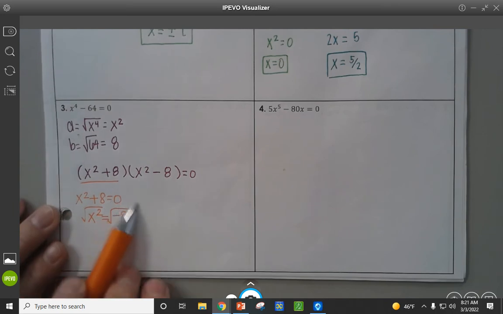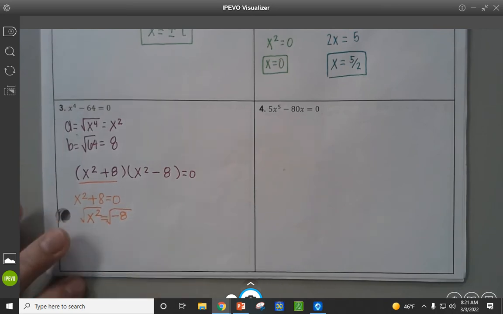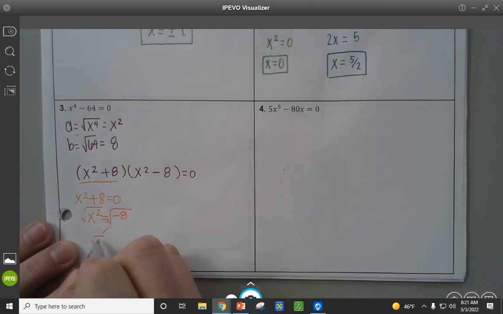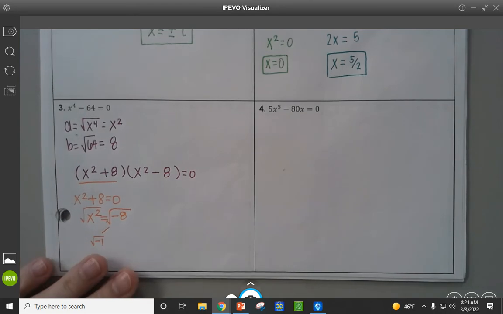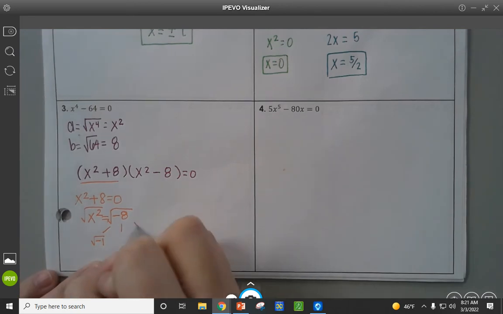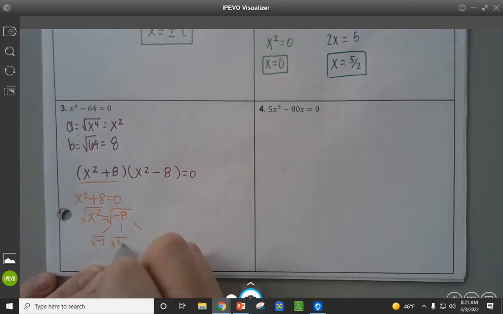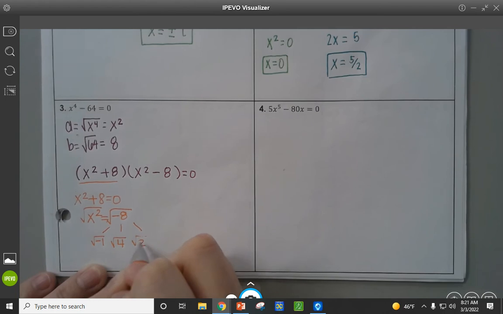What else is going on with this square root? It's negative. So we got to take out the -1, which leaves us with a +8. And what perfect square goes into 8? 4. 4 times 2.